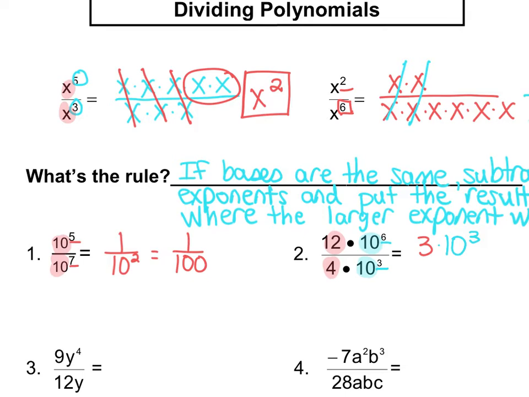Now, that means I have nothing in my denominator, but I can still simplify 3 times 10 to the third. I know that 10 to the third is 1,000. So 3 times 1,000, the answer to this one would be 3,000. So if your bases are numbers, make sure that you fully simplify your answer.